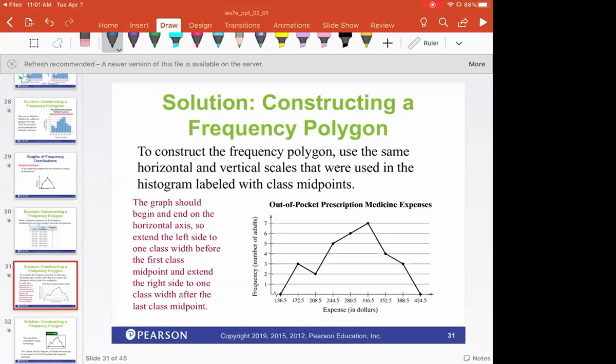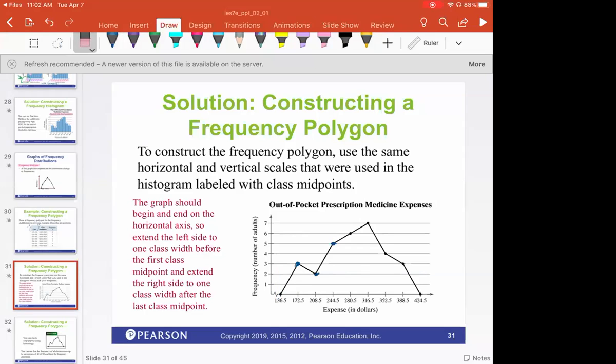All right, to construct a frequency polygon, use the same horizontal and vertical scales that were used in the histogram, labeled with class midpoints. And we see how many numbers fall within that. So we have our class midpoints that we found, and you start labeling how many times numbers fall, like a bar graph, right? But in a bar graph, you would go from here to here, but you're not making that connection anymore.